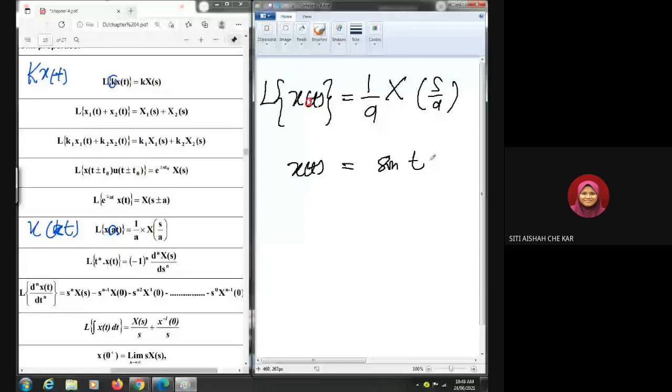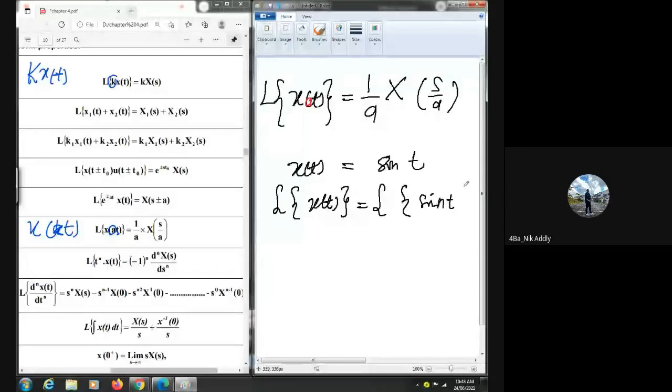If x(t) equal sine t, I give you x(t) equal sine t. So what is the Laplace for this one? So what is the answer? So Laplace sine t. Dapat apa? Kita dah belajar ni. 1 over s square plus 1.